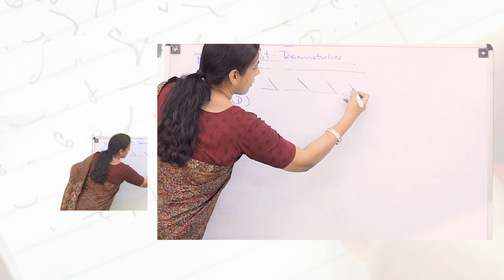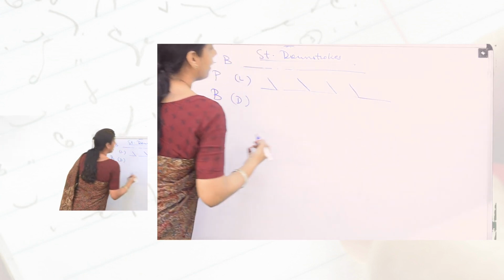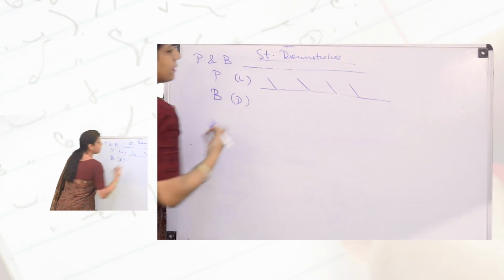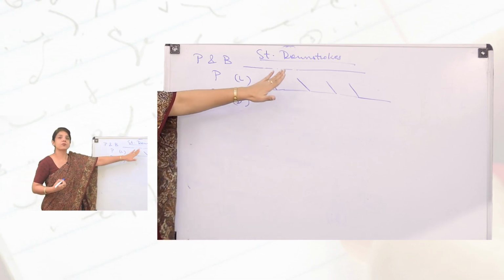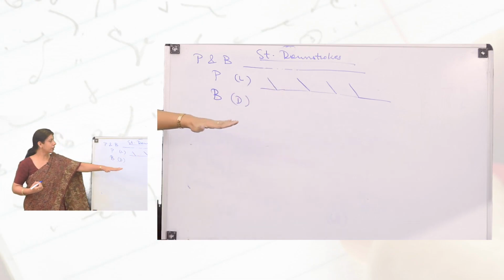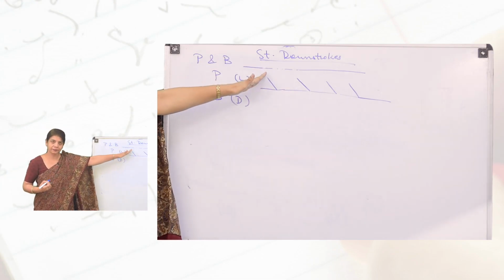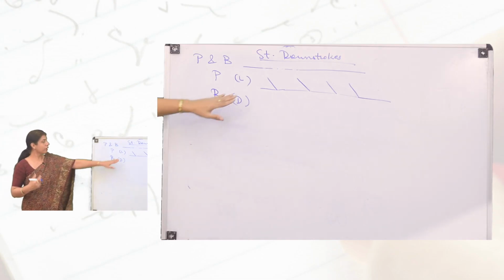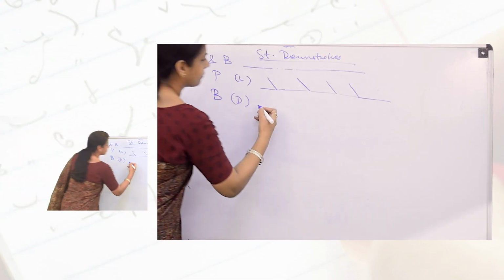So P is a straight line from left to right, and as I said, please ensure that it ends on the line. Neither should it end above the line, nor go below the line.